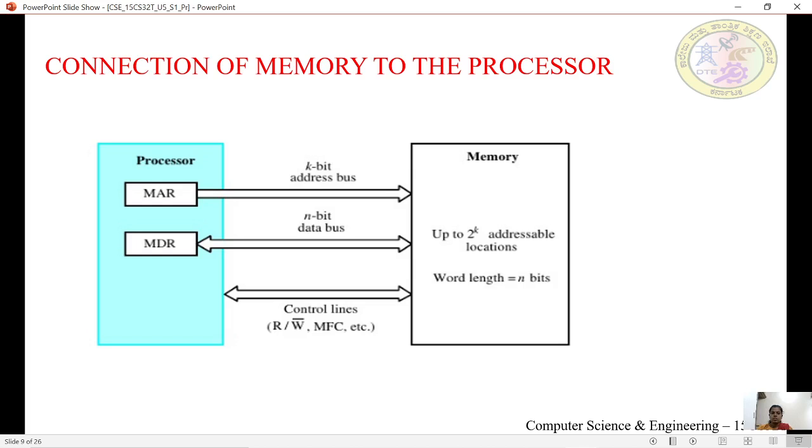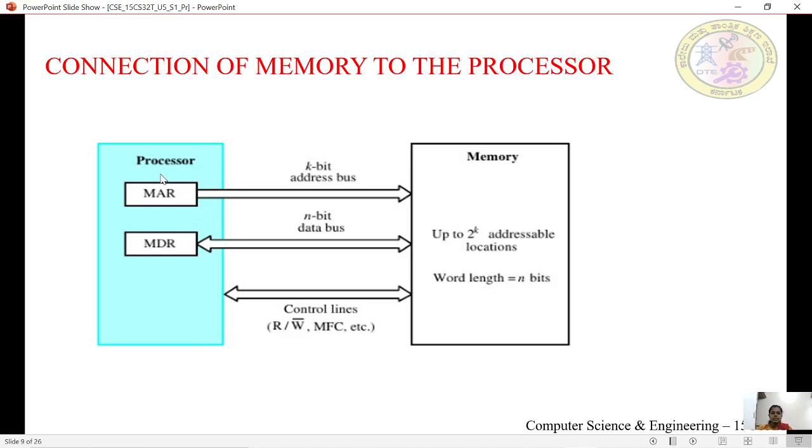Okay. So this block diagram shows the connection of memory to the processor. So here we can see how the communication will occur between the processor and the memory.